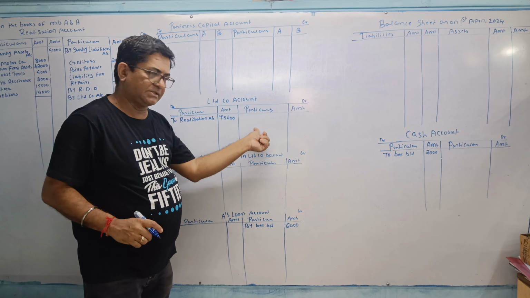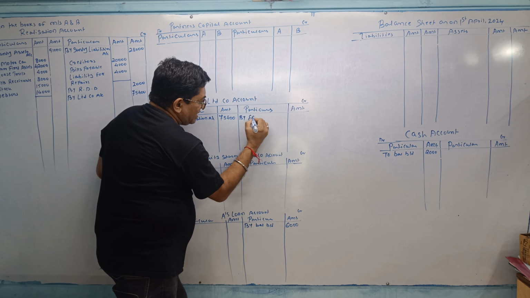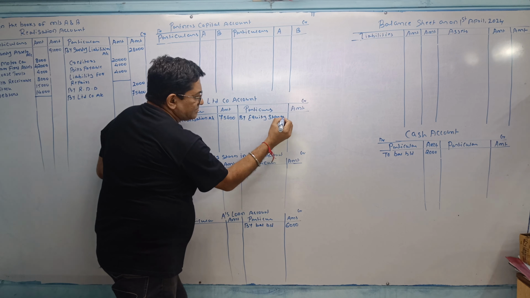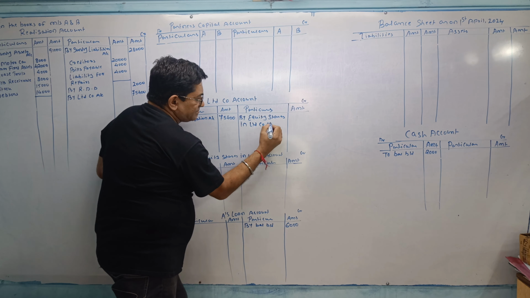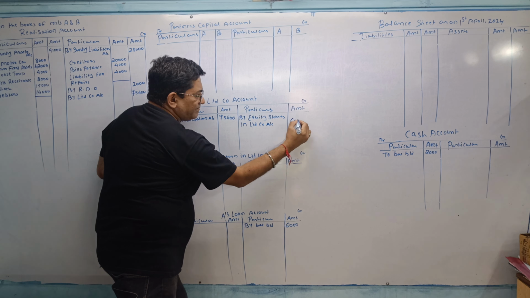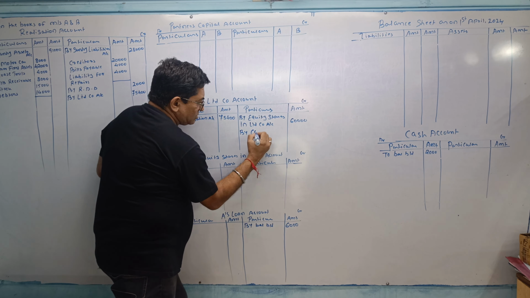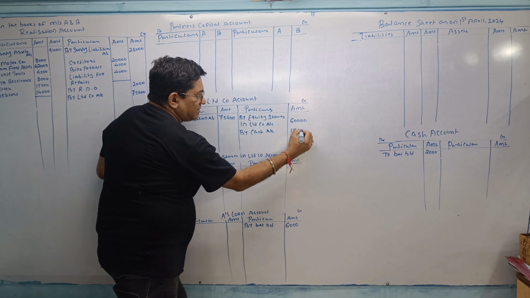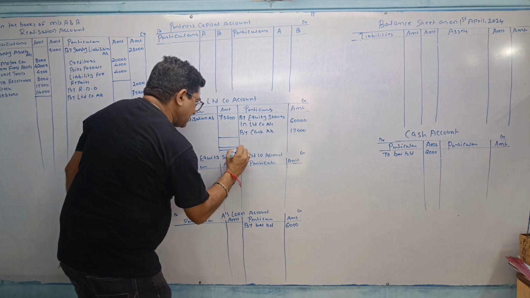By issuing equity shares in limited company account, 60,000, and balance by cash. So by cash account, 15,400. So your limited company account closed.